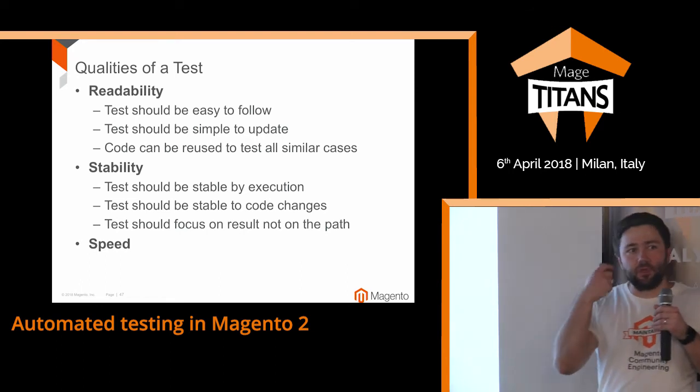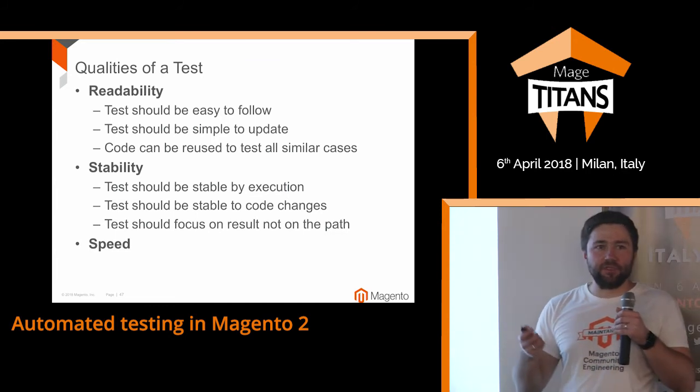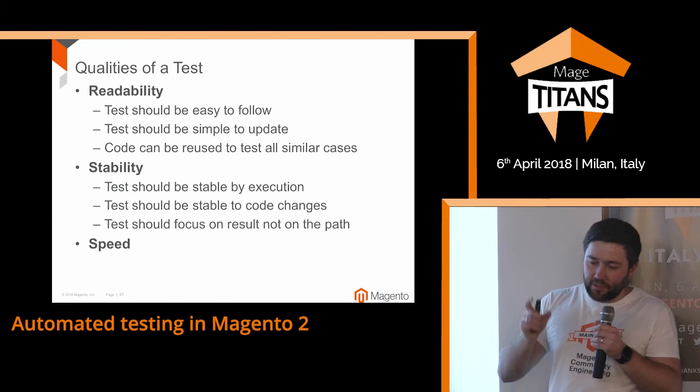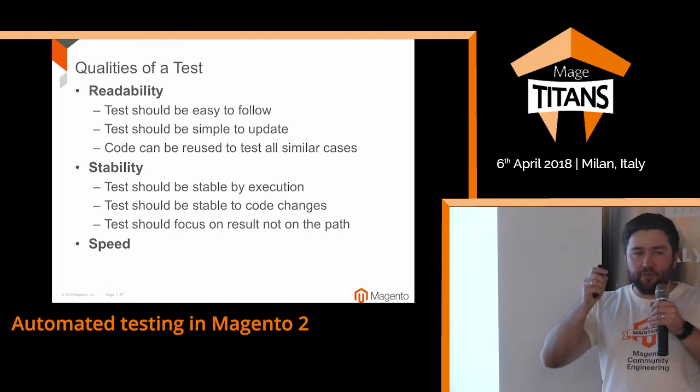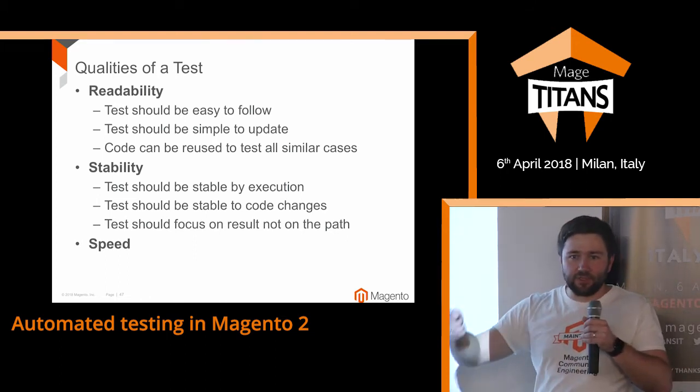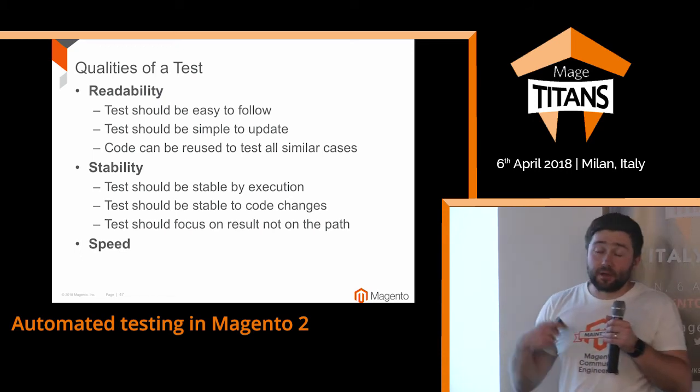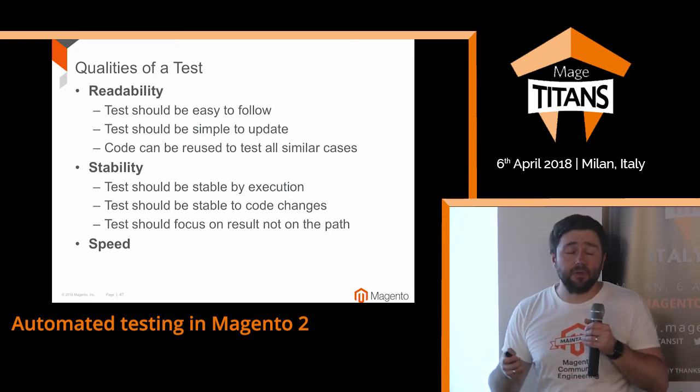Because we need to install Magento, integration tests are much slower than unit tests, and what we do is scale them on several agents, because the whole integration test suite run on one agent would take about an hour and a half.